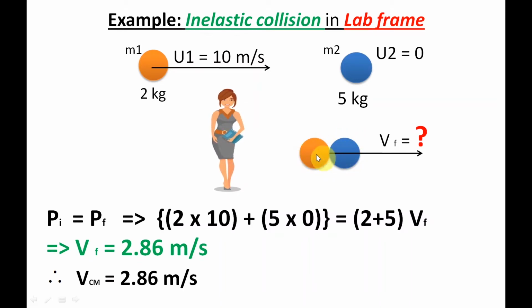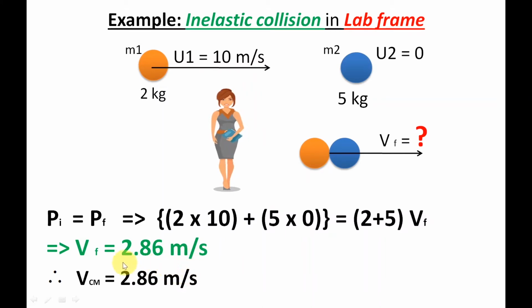The total mass of the system is going to be 7 kg, and the whole system is going to move with this final velocity. If we calculate all these, we get the final velocity after collision as 2.86 meters per second. So this was the first condition that we had to find.